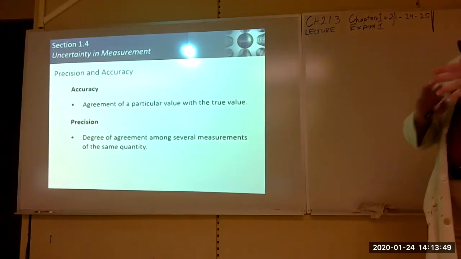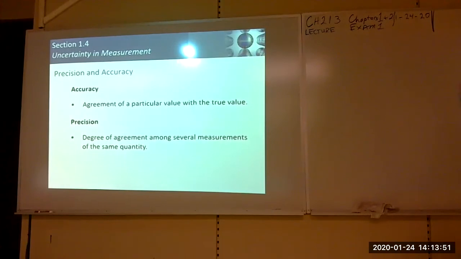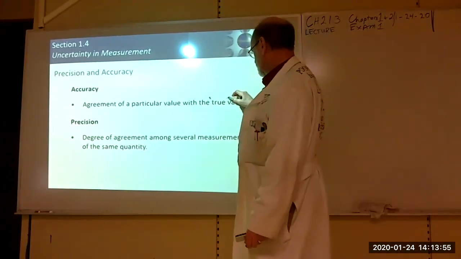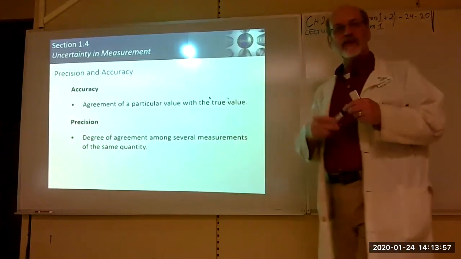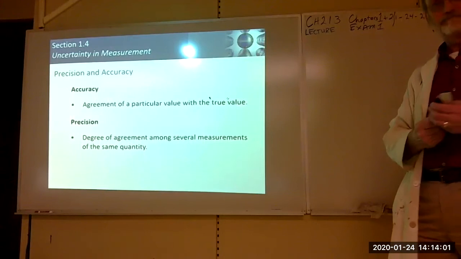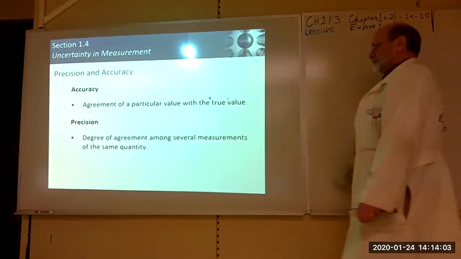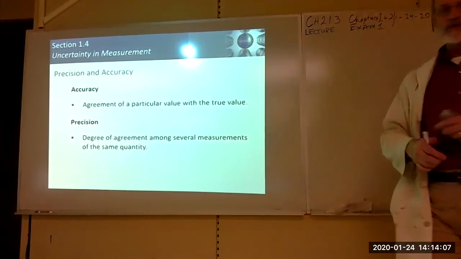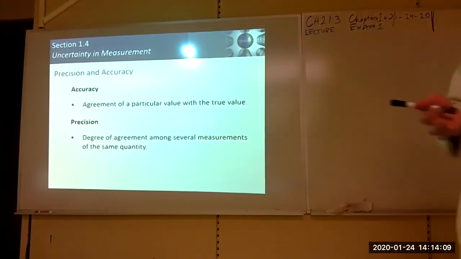Okay. More often than not, though, the true value is merely the accepted value for your community. But you're comparing your value to some accepted value. That's a measure of accuracy.